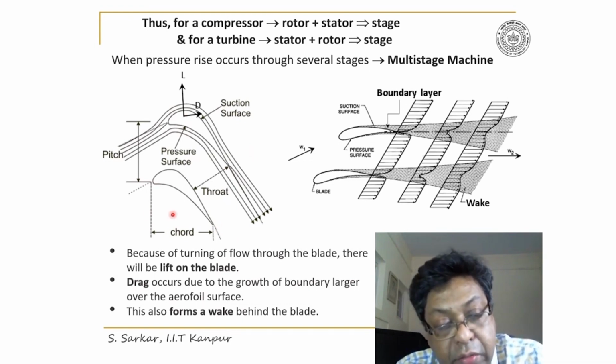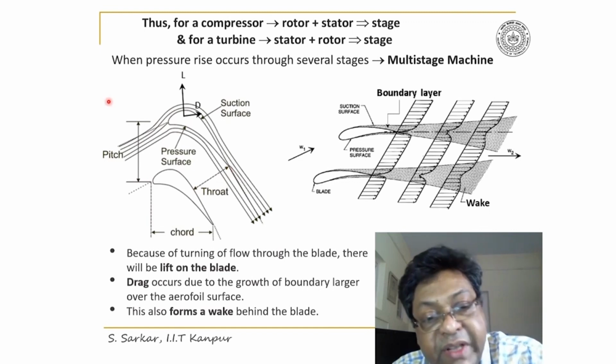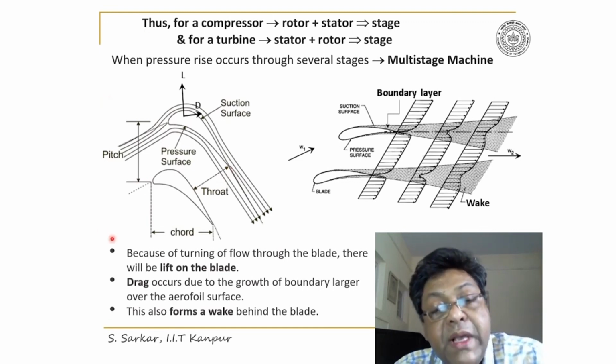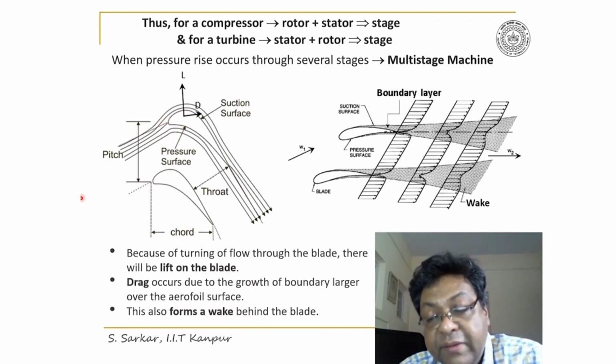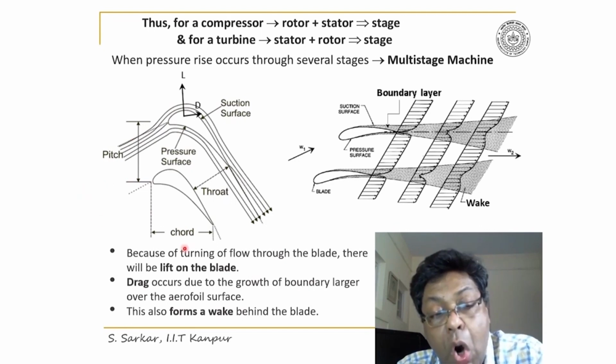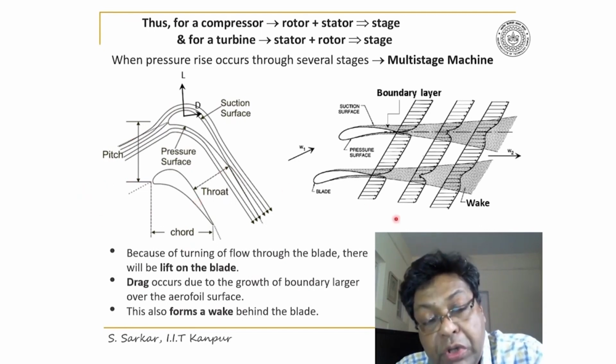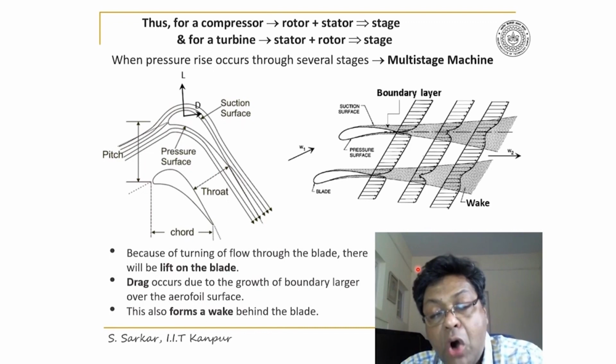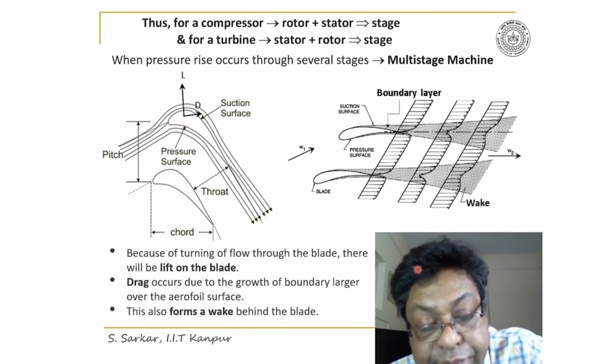I have shown here what is called the chord, and this is the throat, which is the minimum perpendicular distance between the two blades. And this distance is called the pitch. So pitch, chord, and throat are very important geometric parameters.